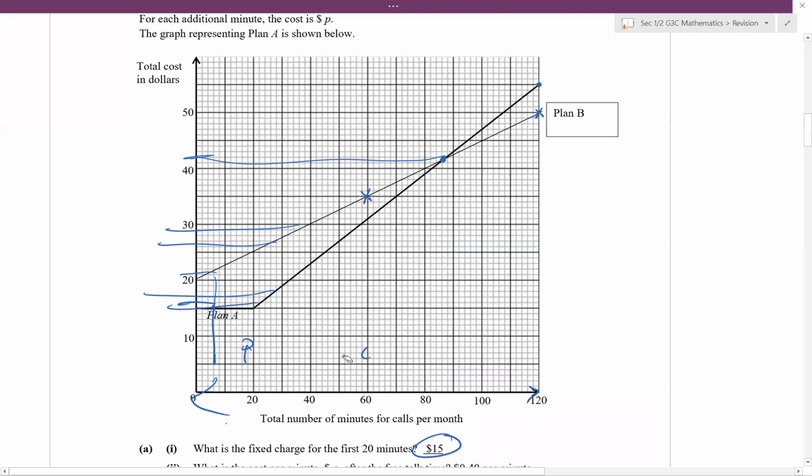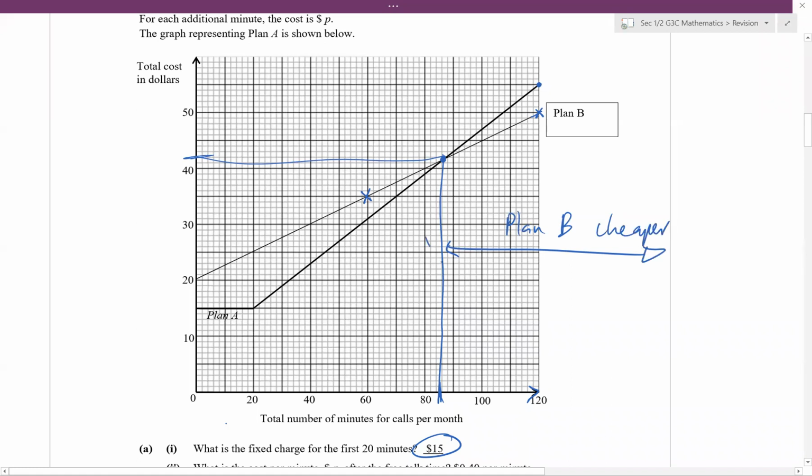However, plan B meets plan A in terms of cost and time at the 80 something minute. And after that, plan A becomes more expensive than plan B. From here onwards, plan B cheaper. So this portion, plan A cheaper. So this is an important point that we need.